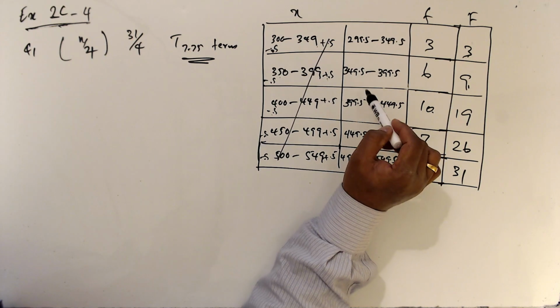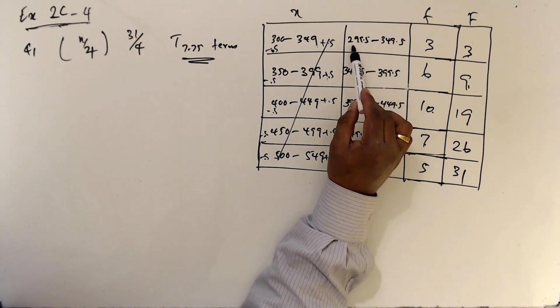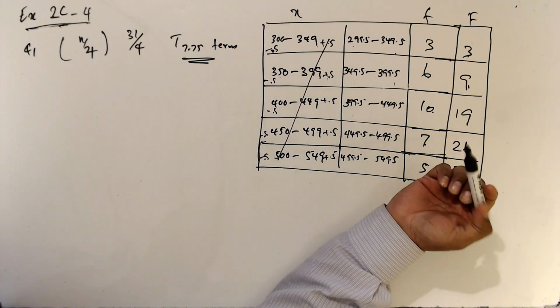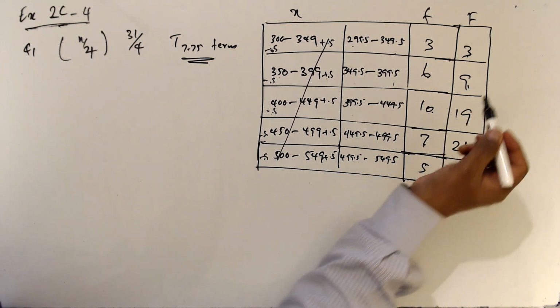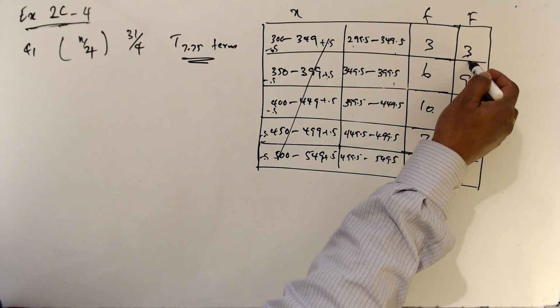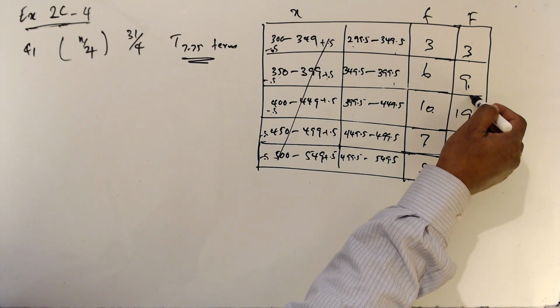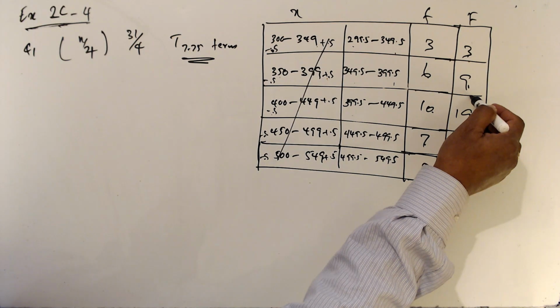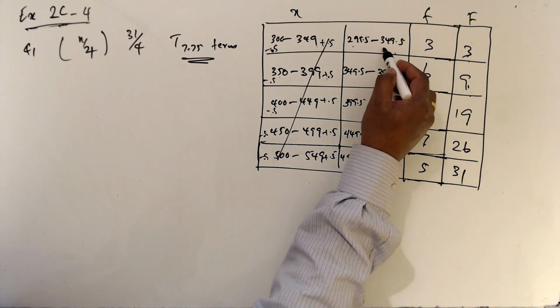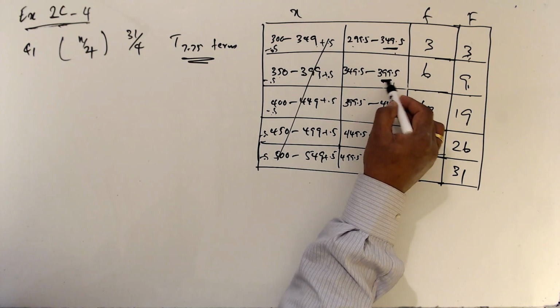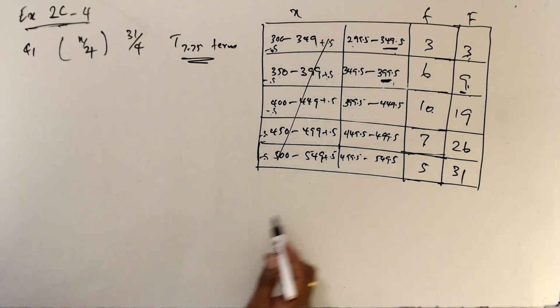Yes, it is ordered data. Now, up to here is 3, then up to here 9. When it comes to this boundary it is 3, when it comes to this boundary it is 9.